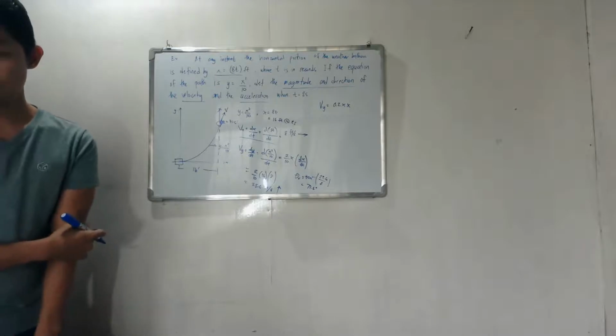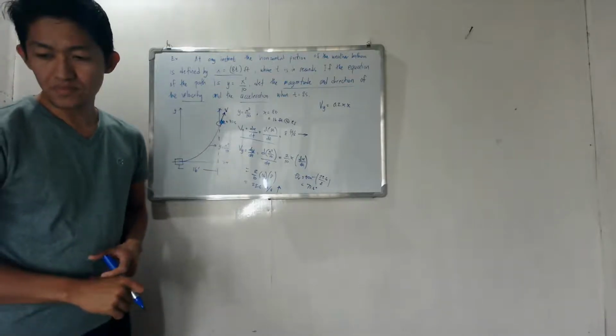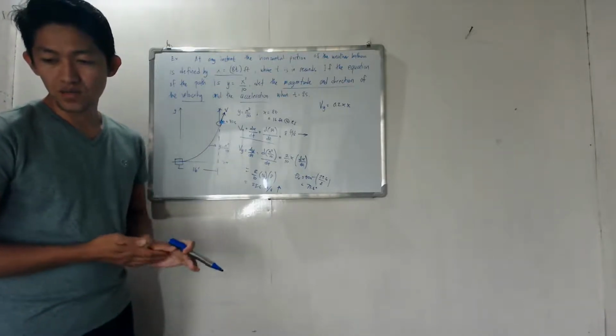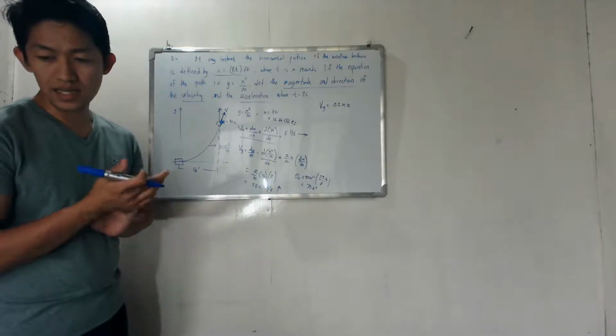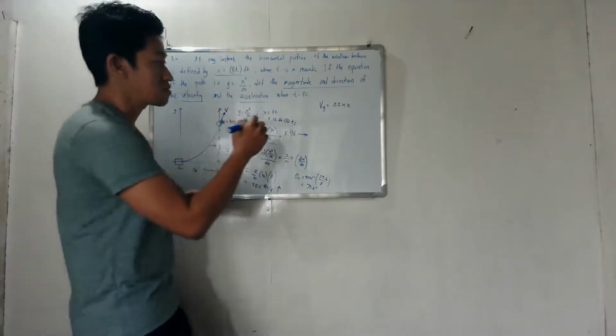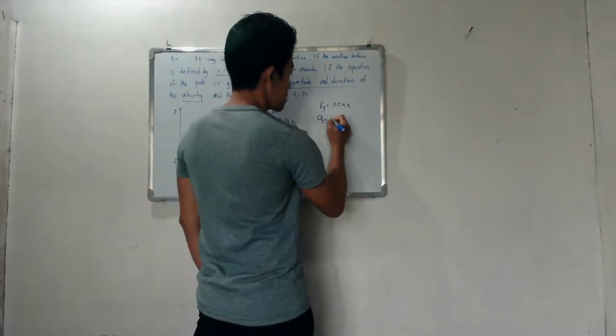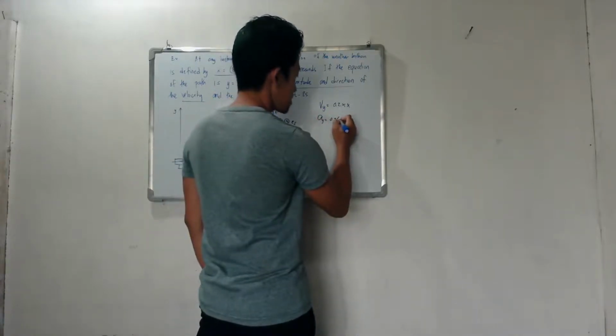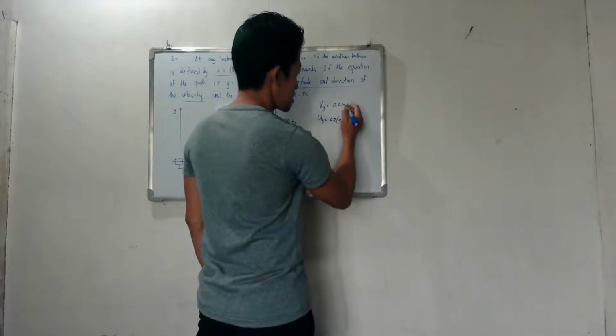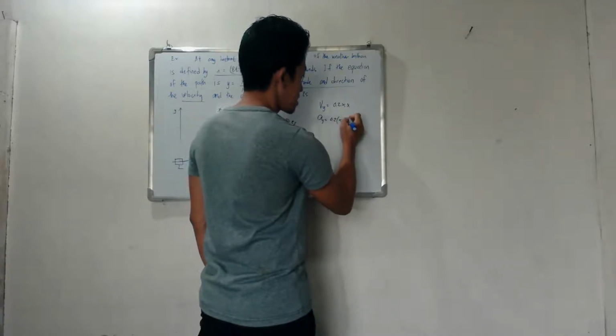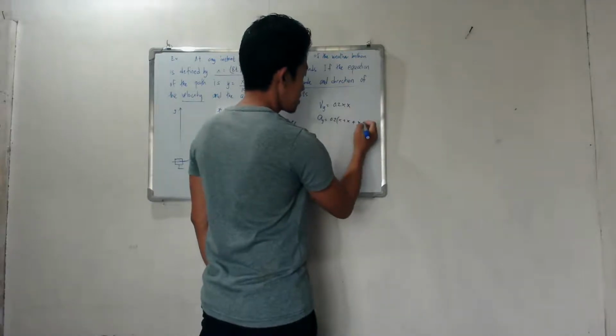So 0.2 x x dot. Differentiate this: ay is 0.2, first times the derivative of the second, plus second times the derivative of the first.